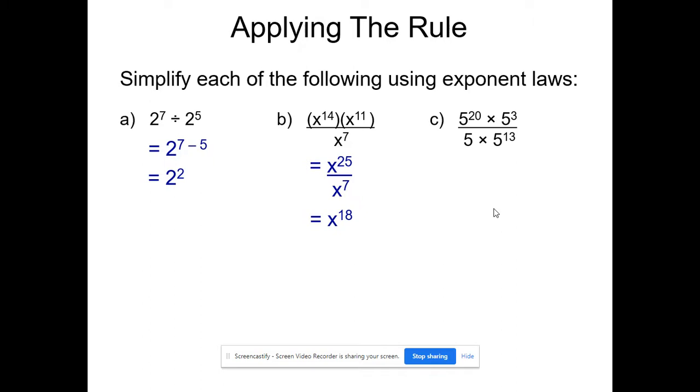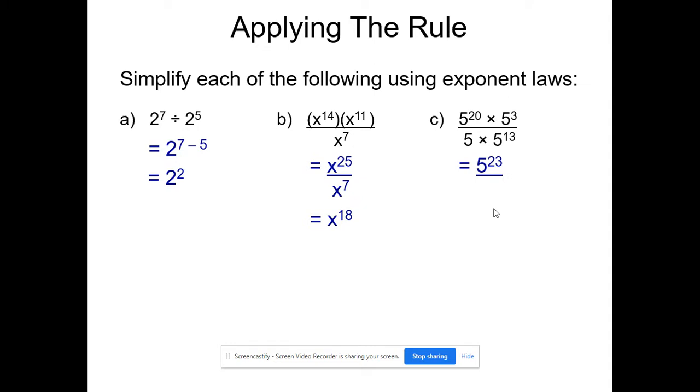Our last example, 5 to the 20 times 5 to the 3 divided by 5 times 5 to the 13. Now I notice there's multiplication and division in this question, so I am going to start by simplifying the numerator, simplifying the denominator, and then doing the division. So 5 to the 20 times 5 to the 3, I add those exponents together to get 5 to the 23.